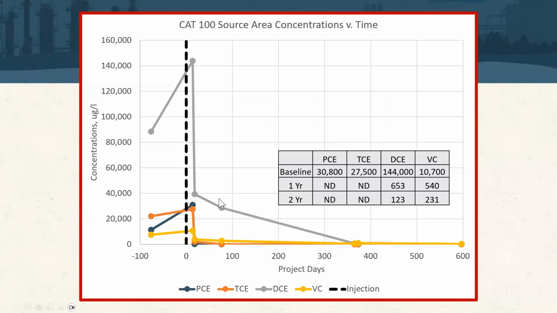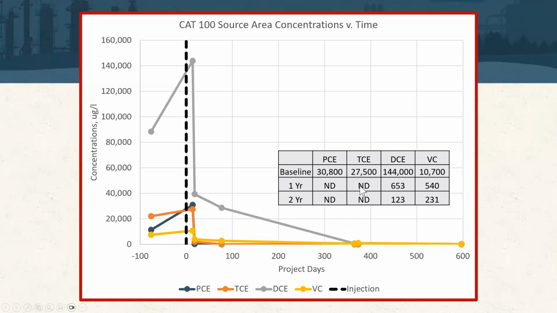This line represents when the injection started, and these samples were baseline. This line needs to be moved over. These weren't taken post-injection. But after we did the injection work, we see the concentration significantly decrease. We're at about a year into the project here.